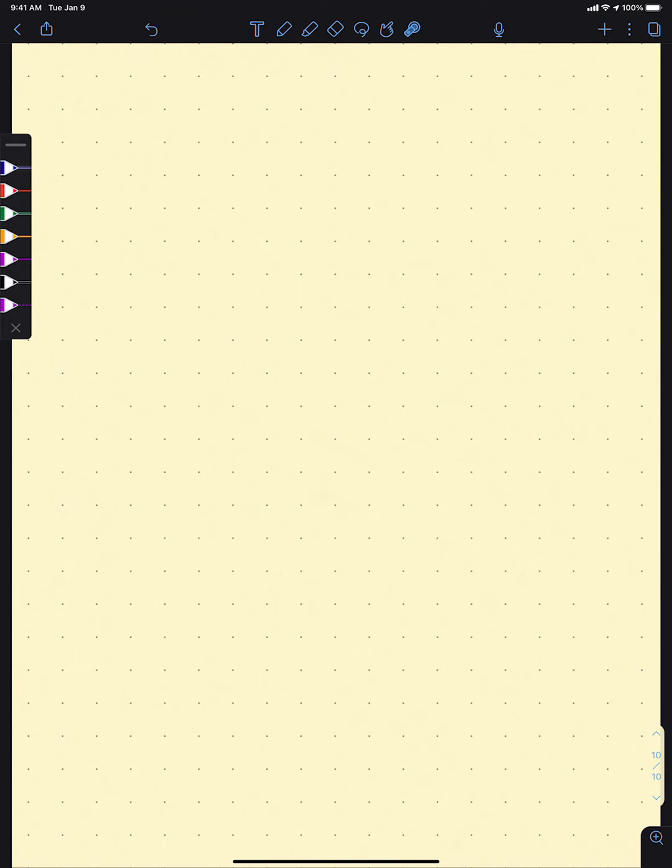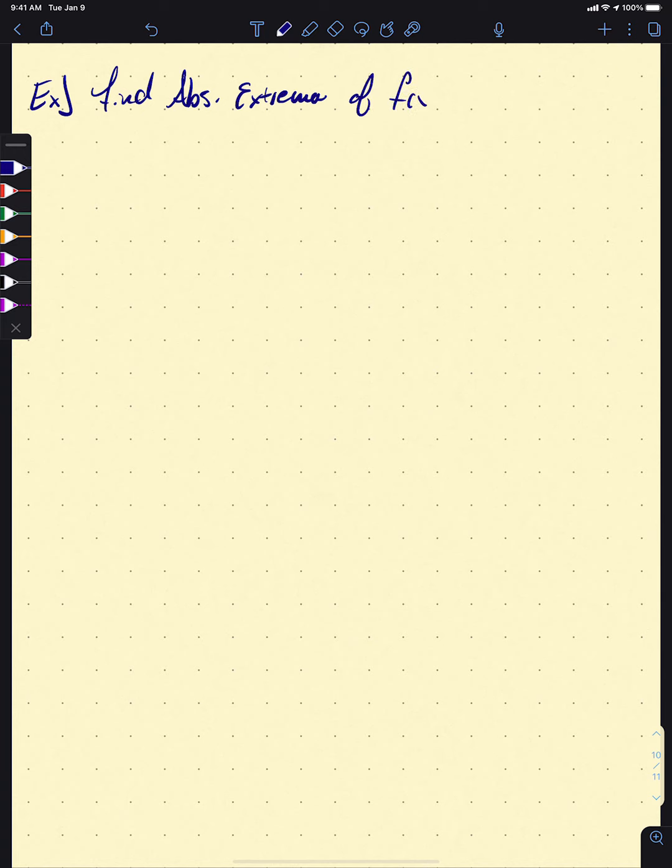But let's look at something that's a bit more involved than x squared, right? Let's say find the absolute extrema. What function should we do?